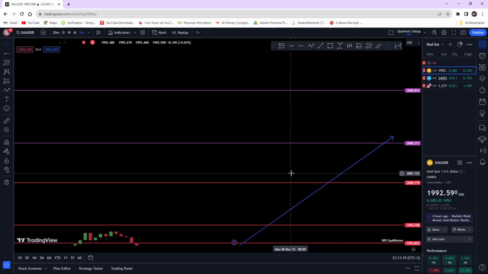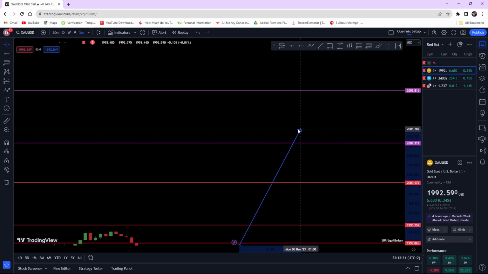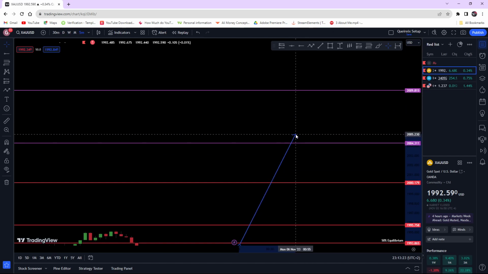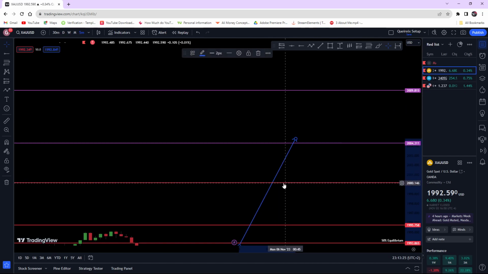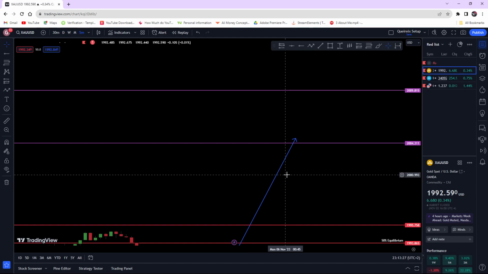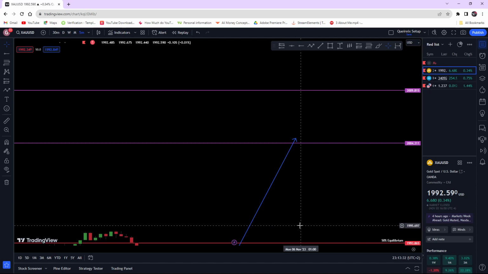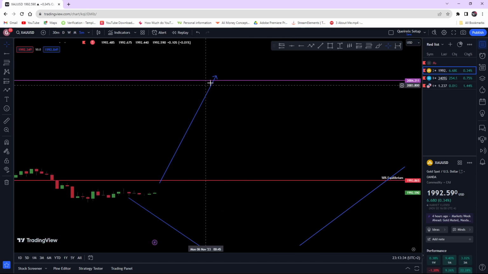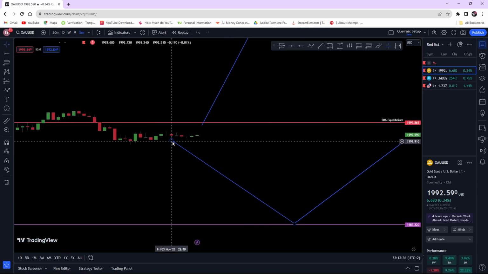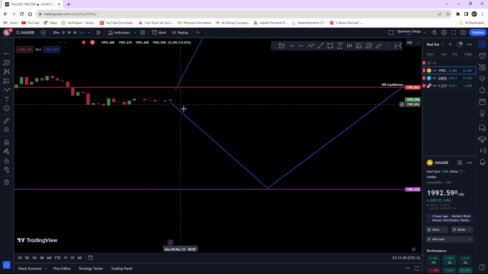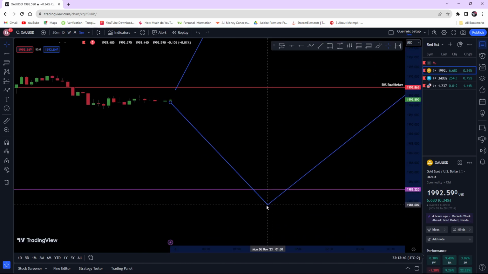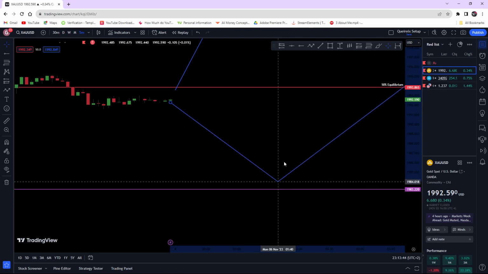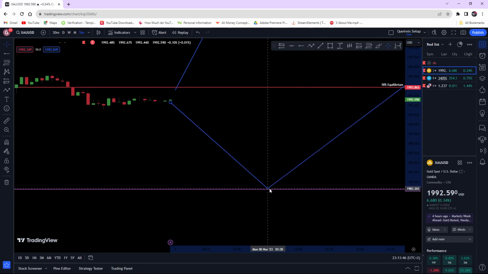I'd rather wait for it to break this level and then take a trade. Look for a 1:2. That one would be tomorrow's trade. If it comes below, gives me a wick below here, but then closes above, then I'll take a buy to this area over there.